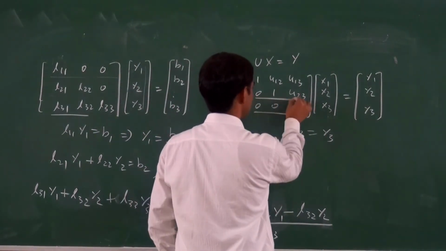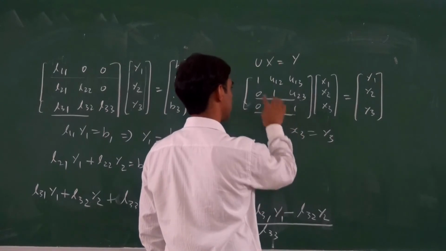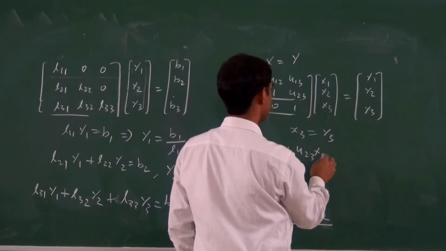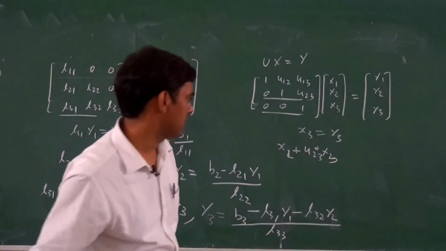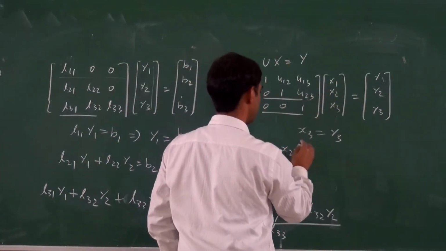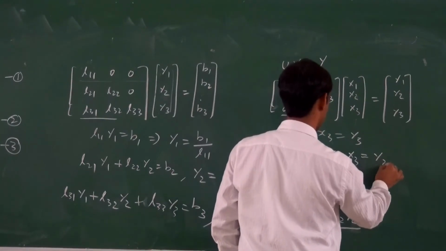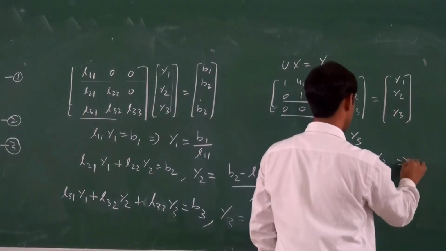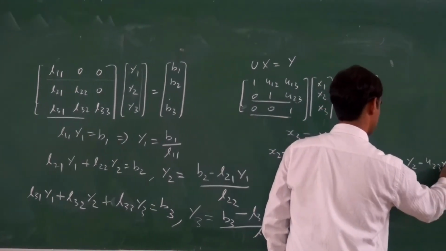Now the second row: 0 into X1, 1 into X2 plus U23 into X3, and this equals Y2. We already have the value of X3, so putting it in, we find X2. X2 becomes Y2 minus U23 X3.